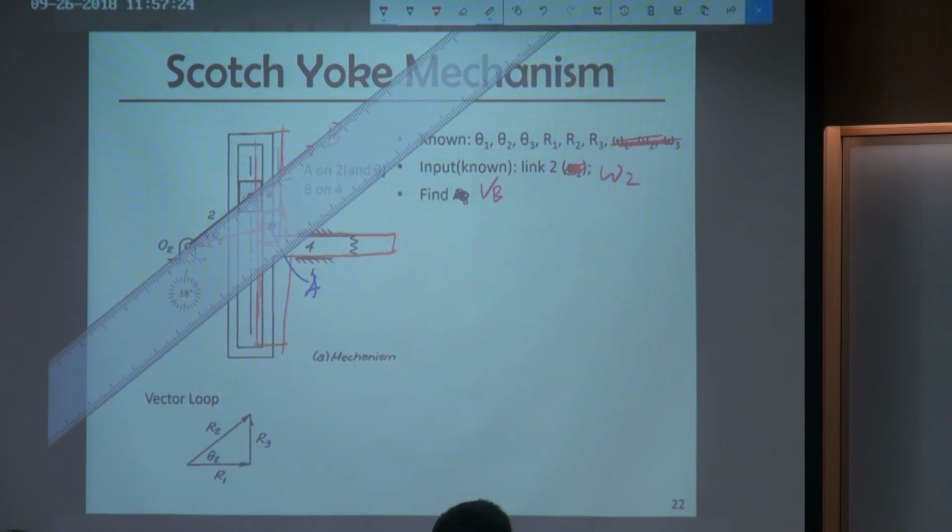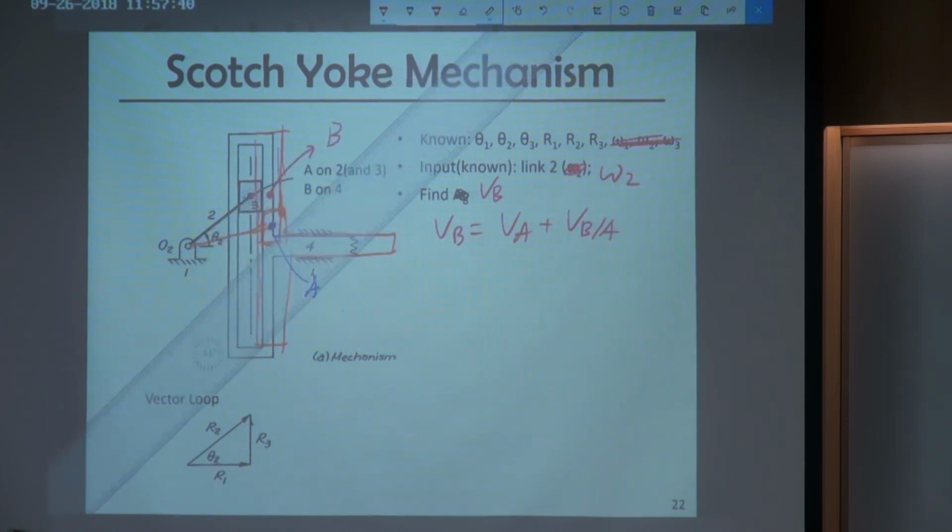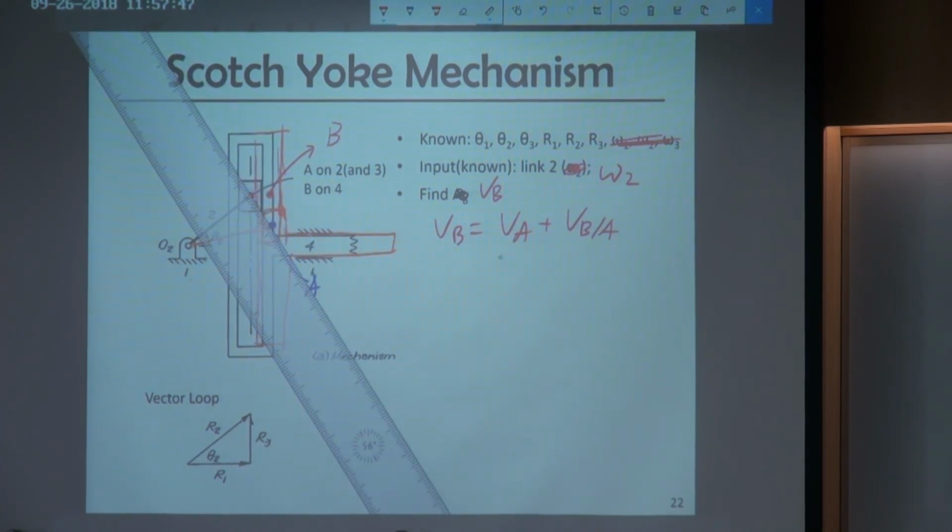We'll do it with its initial position. In order to find VB, we'll use the same relationship: VB equals VA plus VBA. And we already know VA, because VA is omega 2 times O2A.